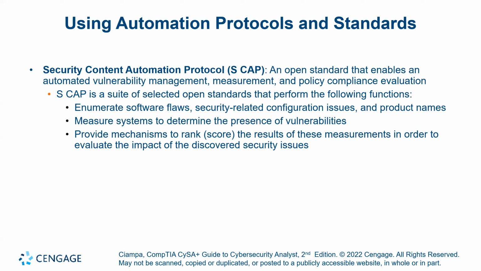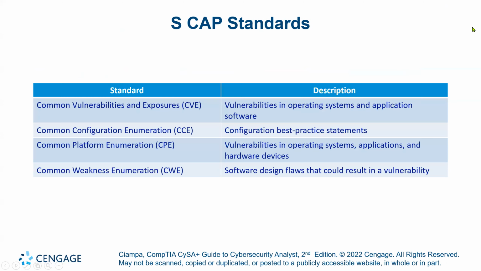So you know how we've talked about certain things are considered more critical than others, and that's where those scores come in. SCAP standards. So the left is the standard, and then the description.